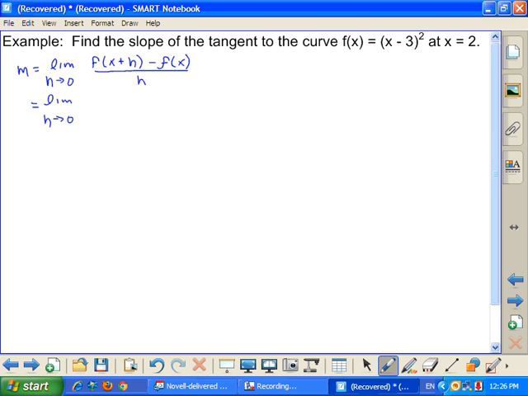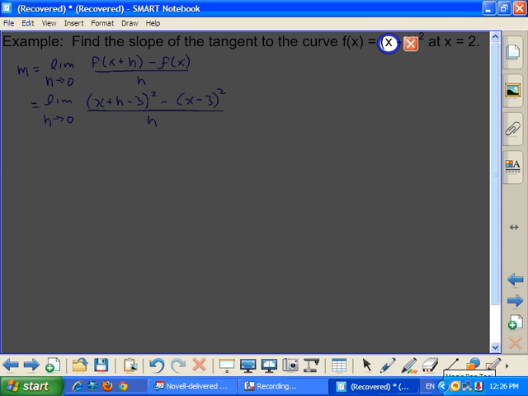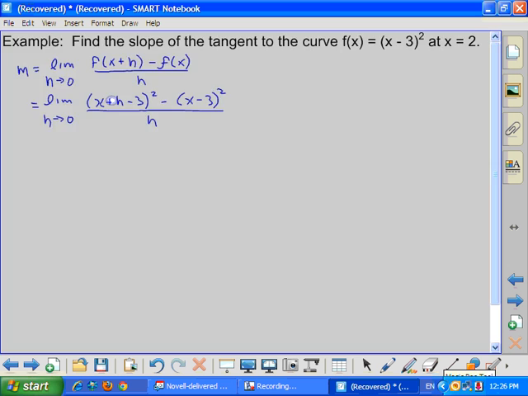So I'm going to end up with it looking like this: x plus h minus 3 squared minus x minus 3 squared, over h. So that x that was there, I had to replace it with x plus h.